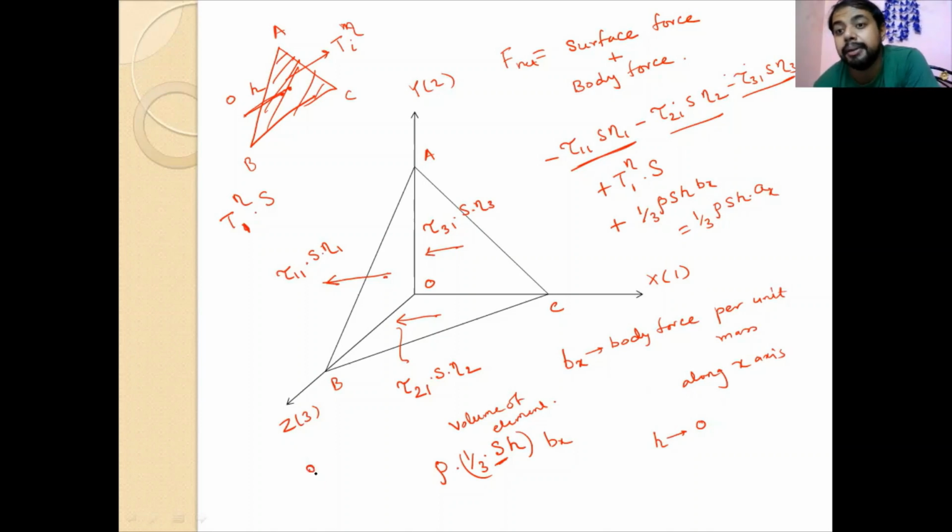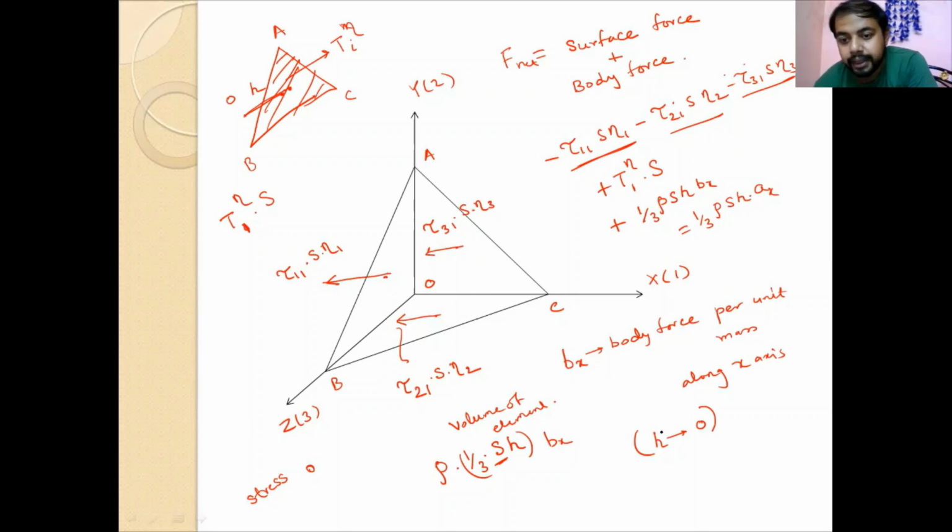The concept comes from here, because the stress is always applicable at the state of a point. So that's why H tends to zero. Very finely you get this concept: the stress is a state of a point.